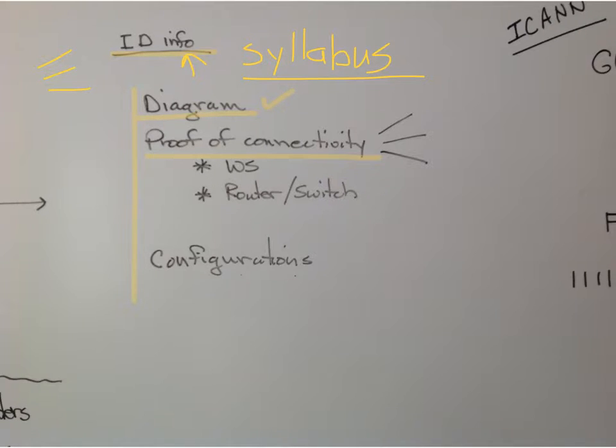Proof of connectivity, you know, you could have things from a workstation: ping, accessing a website, telnetting to another machine, another server, or another device. So we do those things from a workstation, and then there's a number of things you can do from a router and a switch.